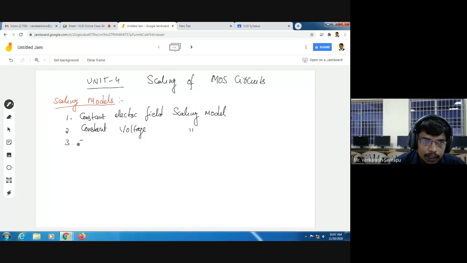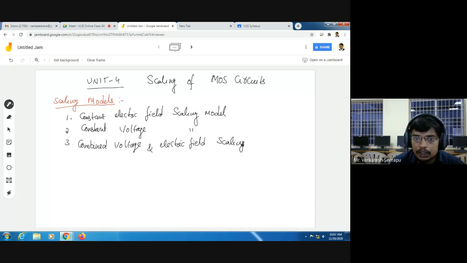And the third one is the combined voltage and electric field scaling model. These are the 3 commonly used scaling models.